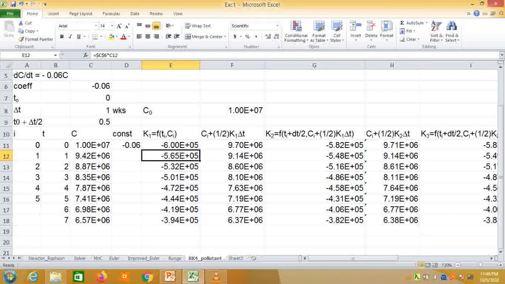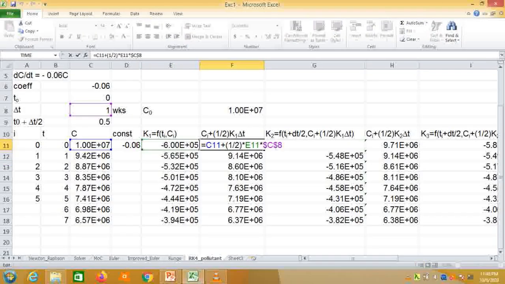We can compute C0 plus half times K1 times delta T, where delta T here is 1 week.